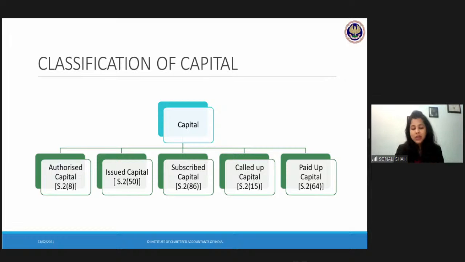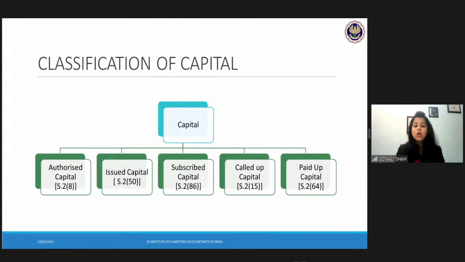So the capital for which subscription has been received is called subscribed capital. Now on the subscribed capital, some part of the value of the share would be paid. So that amount that is already paid is called paid up capital, and the amount which remains unpaid and the call is sent on it to receive the payment, that is called the called up capital, right?